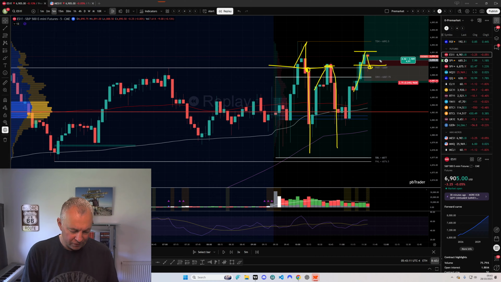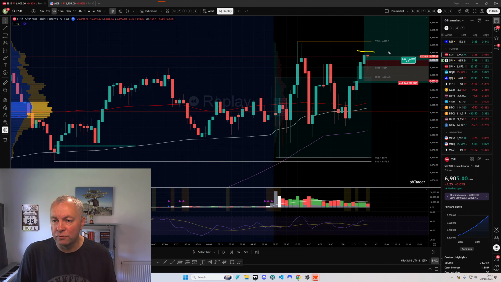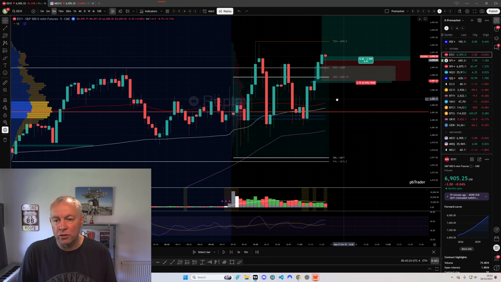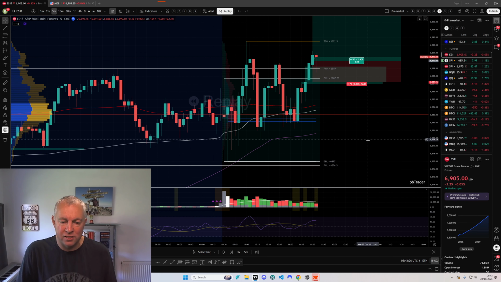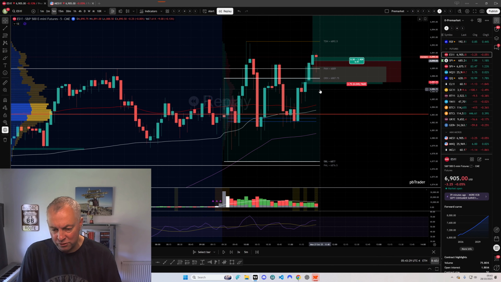So technically this would be an entry here for a break and retest of pre-market high. It's got to be on a green candle. You can use pre-market high or a few ticks below pre-market low as a stop. But I mainly focus on opening range breakouts, and I always love to see what the first 15 minutes, in this case this is almost the first 2 hours of the day, goes. Next candle.